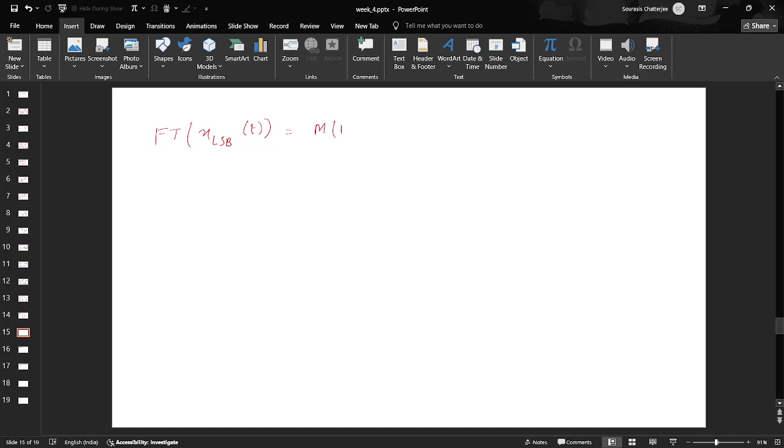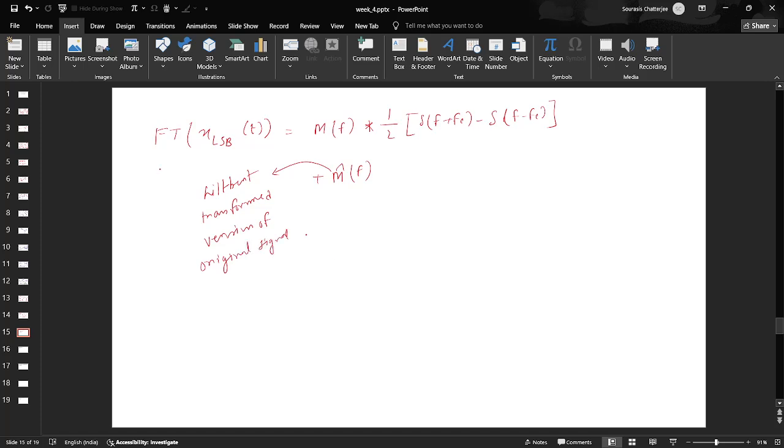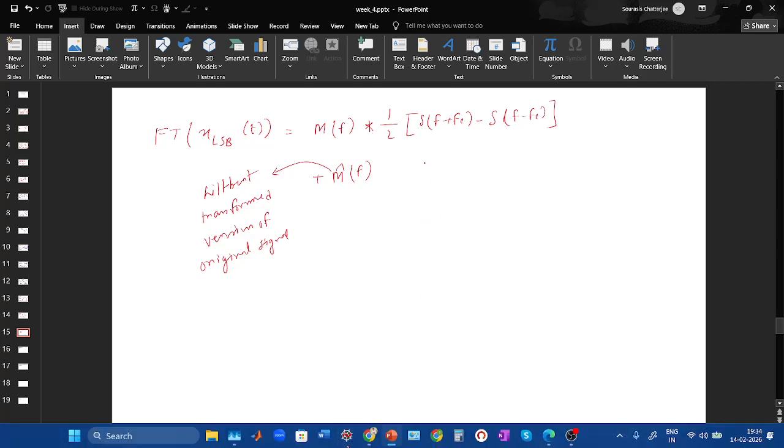So m(t) becomes M(f). In the time domain it was multiplication, so in the frequency domain it will be convolution with δ(f+fc) − δ(f−fc), plus m hat(f), you know what that is, let me write it down again, the Hilbert transformed version of the original signal. That is what it is.